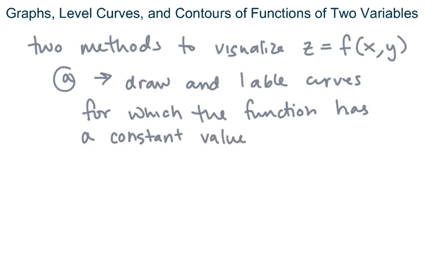So what that means is we're going to say, let y equal this value, or y equals 3, y equals 4, y equals 5, and see how that makes the function change. Or the other way we could do this would be to sketch the surface in space.